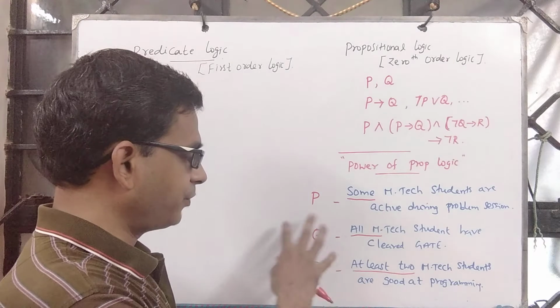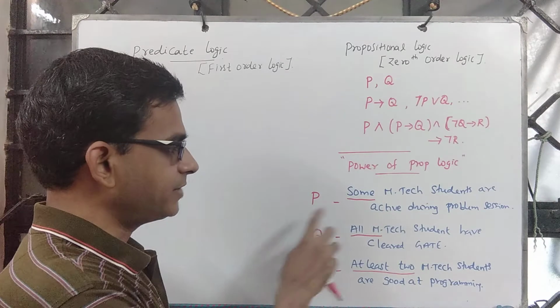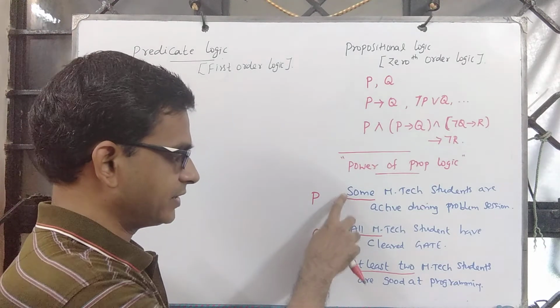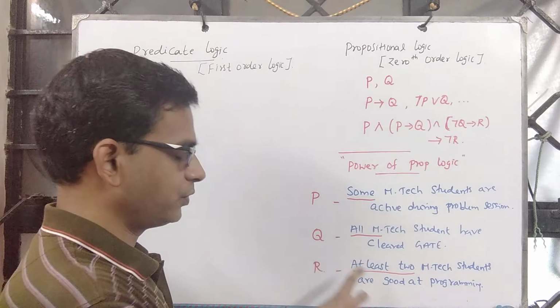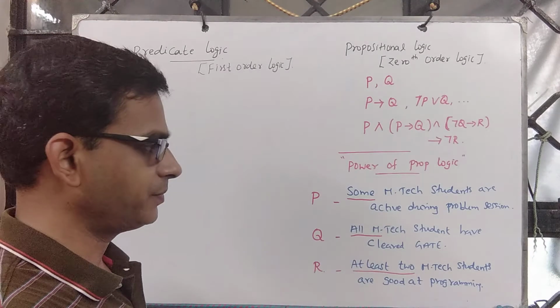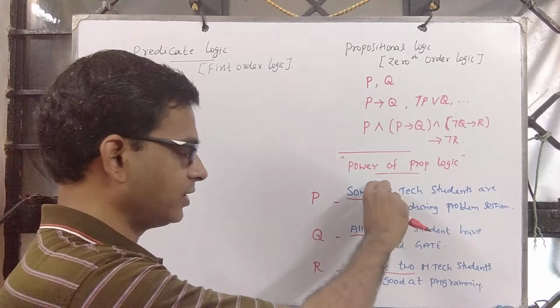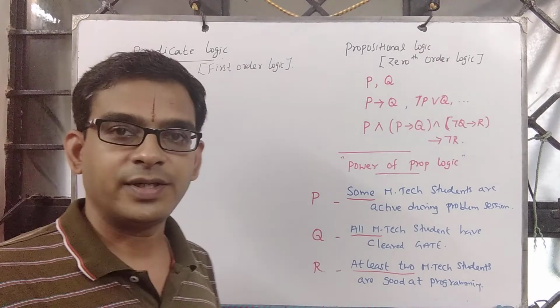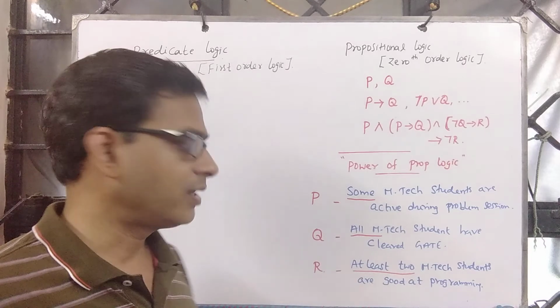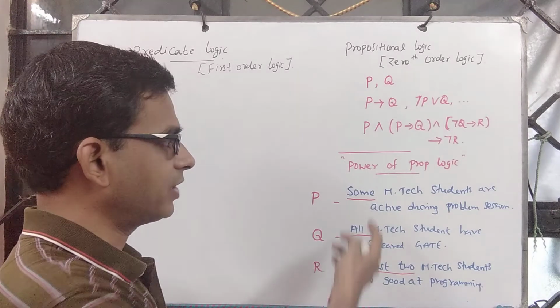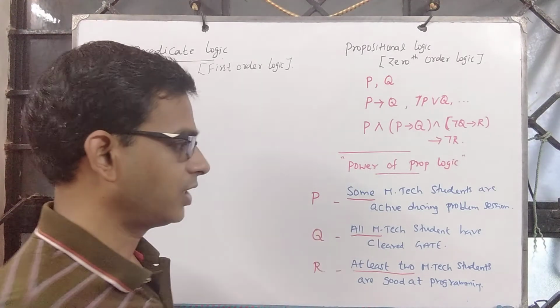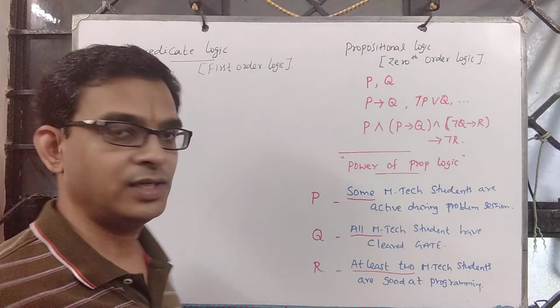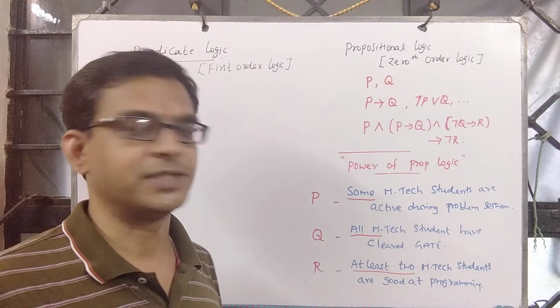In the process of modeling, if we can capture this information, some, all, at least two, so the number of participants involved in this argument, then that increases the power of the underlying logical notation or expression.